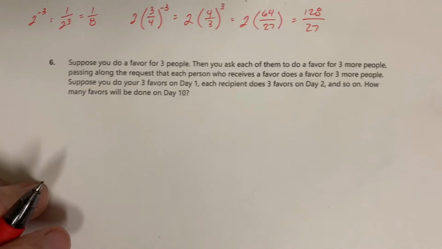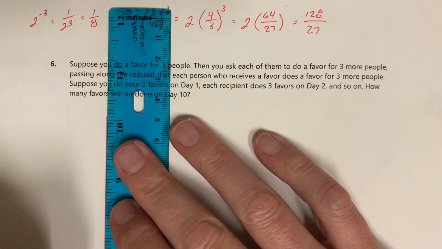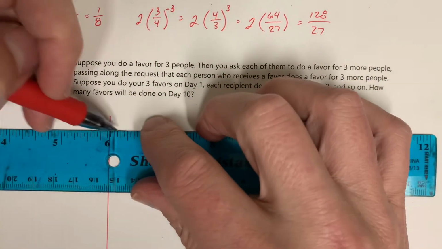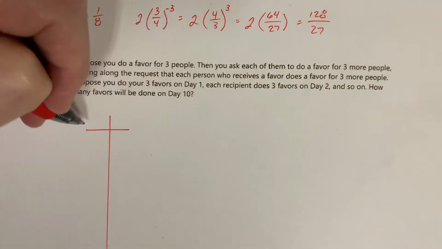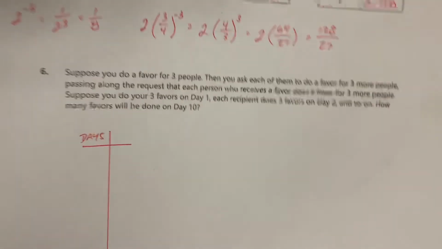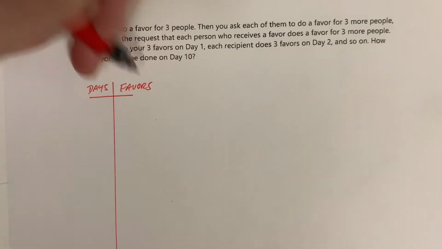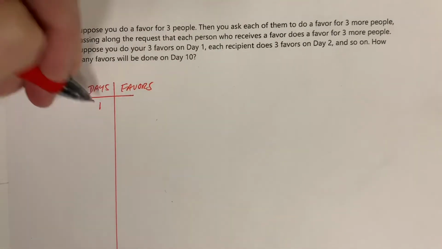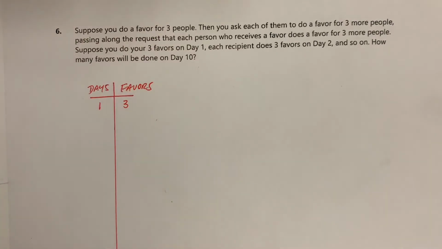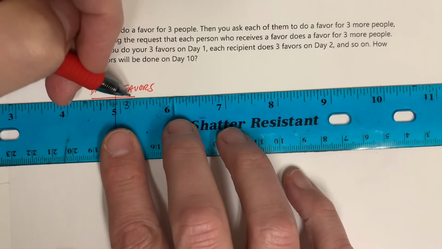So what I want to do is make a t-table. I'm going to do days in this column, and then I'm going to do favors over here. Okay, on day 1, there are 3 favors, right? Because I'm just doing 3 favors myself for 3 people.